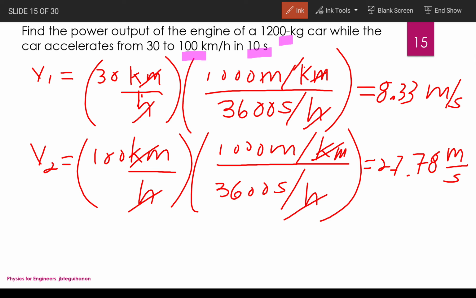So you'll be able to predict the power of your engine using this data and the principle of kinetic energy and work. And that is the beauty of mathematics.